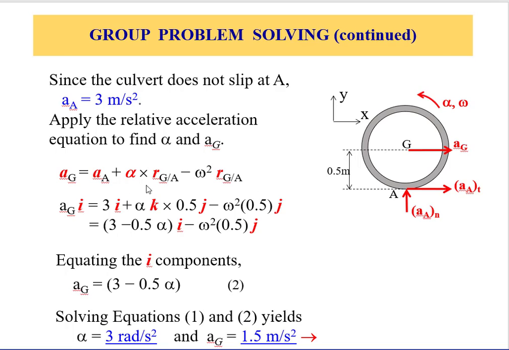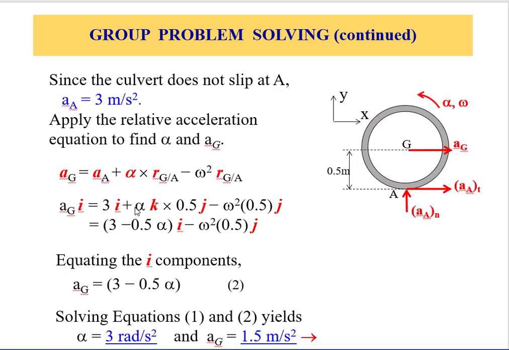Alpha is unknown, but it's alpha k, and this is positive. Omega, also assume it to be positive. And RG relative to A is the vector going from A to G, so it is 0.5 j, in the cross product, same as here.